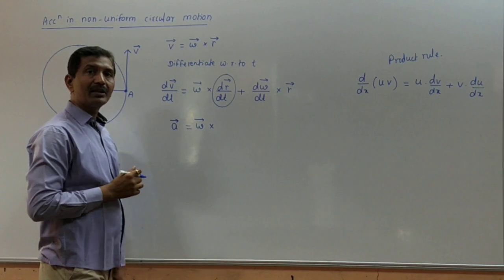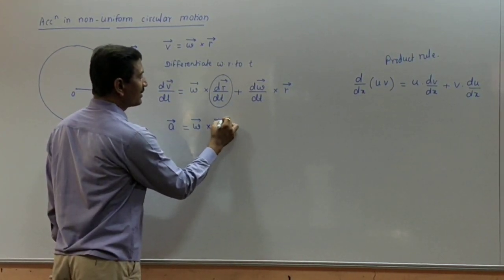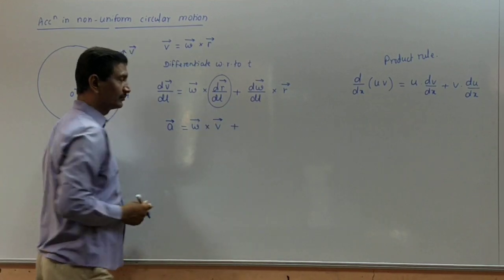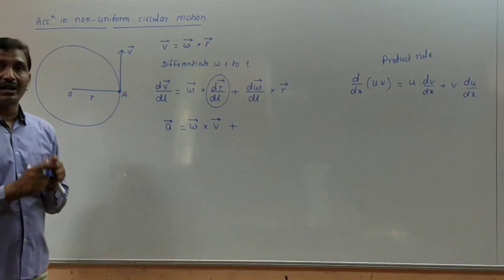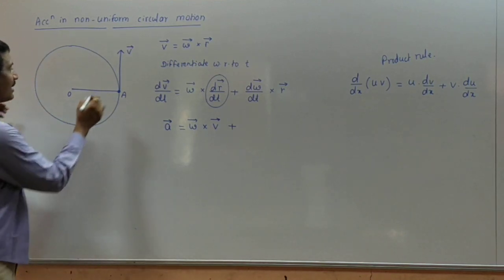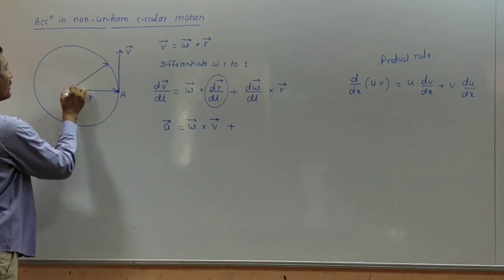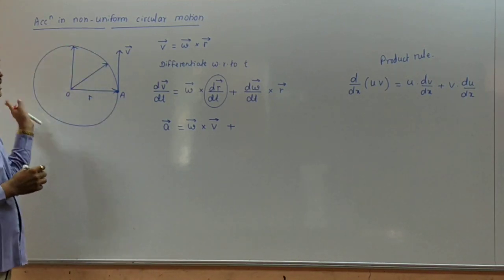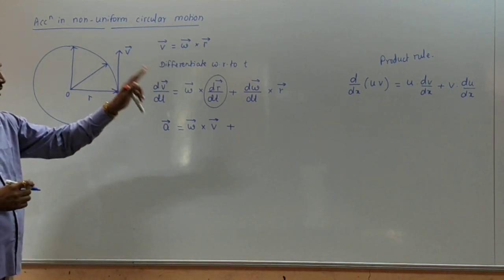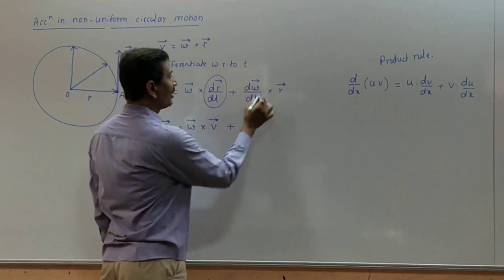So dr bar by dt represents the linear velocity v bar, because here displacement r bar is the radius vector. As the particle moves from one position to another position, the magnitude of the radius vector remains the same, but its direction changes. Therefore here dr bar by dt represents the linear velocity v bar.